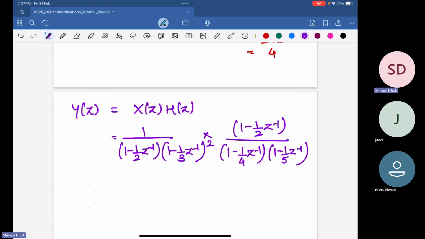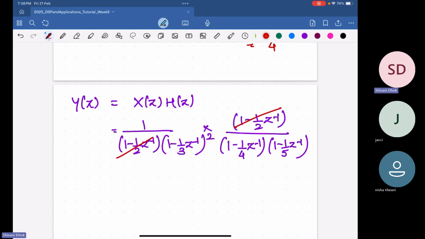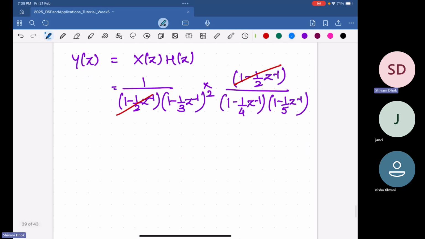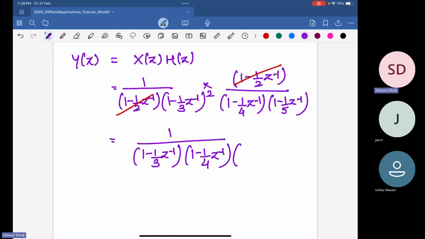Now the zero cancels a pole, so what we get is 1 upon 1 minus 1 by 3 z inverse into 1 minus 1 by 4 z inverse into 1 minus 1 by 5 z inverse.